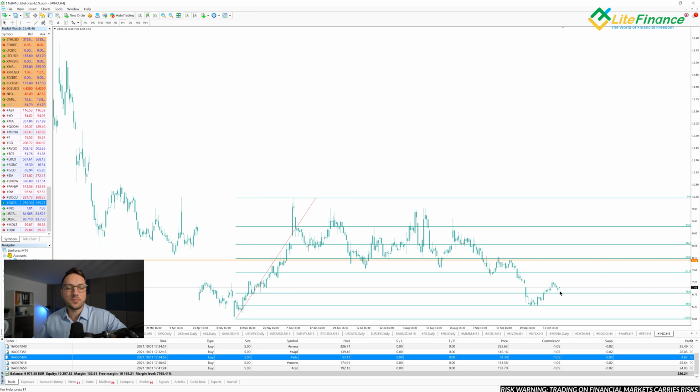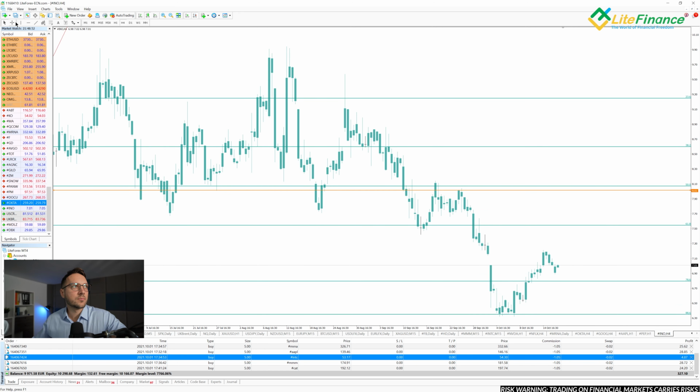If we check the price range, it's up to $8, which is 10 pips. As for the downward move, where potentially we could set our stop loss, it is around 7 pips.